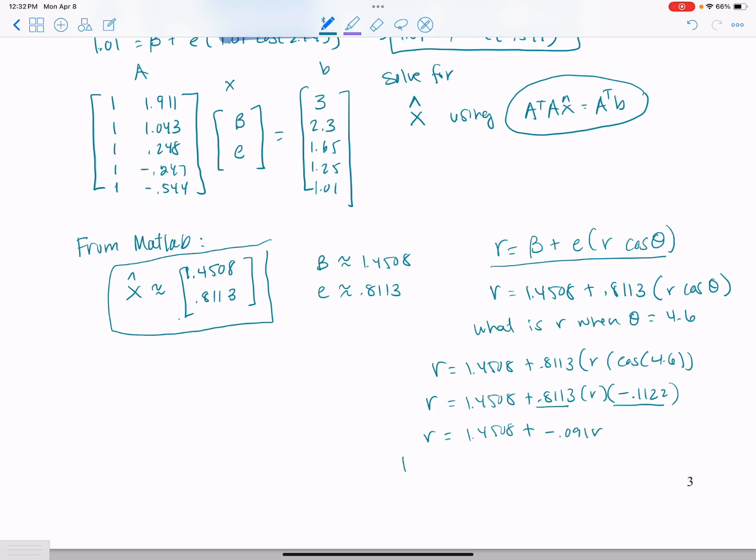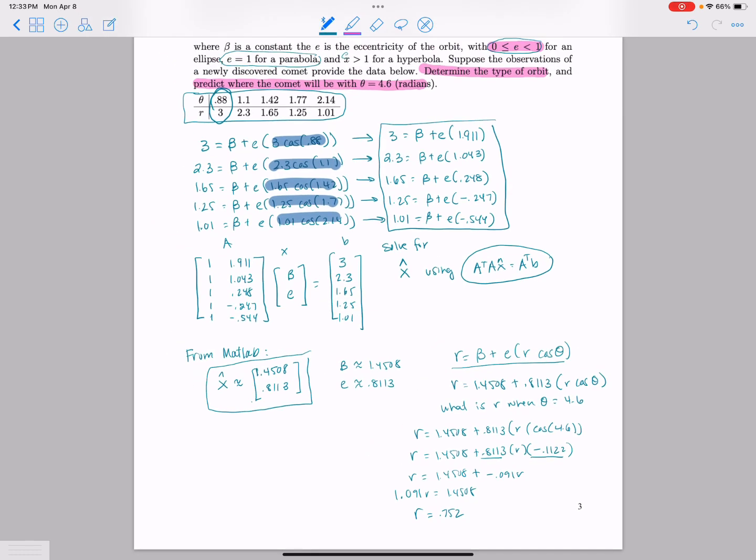Adding to the side, I get 1.091 r equals 1.4508. I get that r is about 0.752. I just want to point out that I've done a lot of approximating here, and if you're using technology, you'd use more precise answers. For example, when I created this matrix A, I would put in something like 3 cosine 0.88 and keep more than just 3 decimal points. So keep in mind these are approximations.